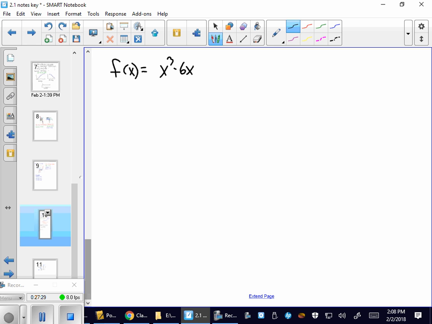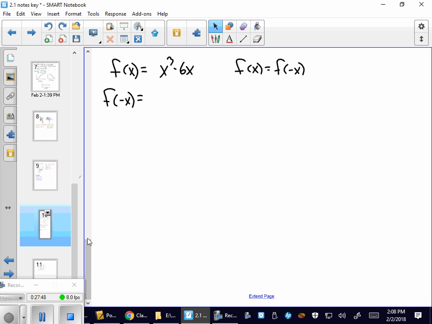If it's an even function, f of x would have to equal f of negative x. So what I need to evaluate is f of negative x. And if you recall from the previous sections, that just means I'm going to take negative x and plug it in where x was in these equations.